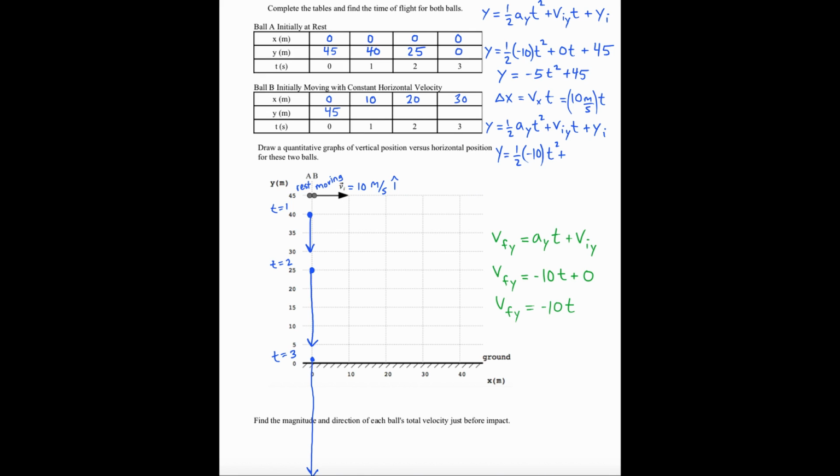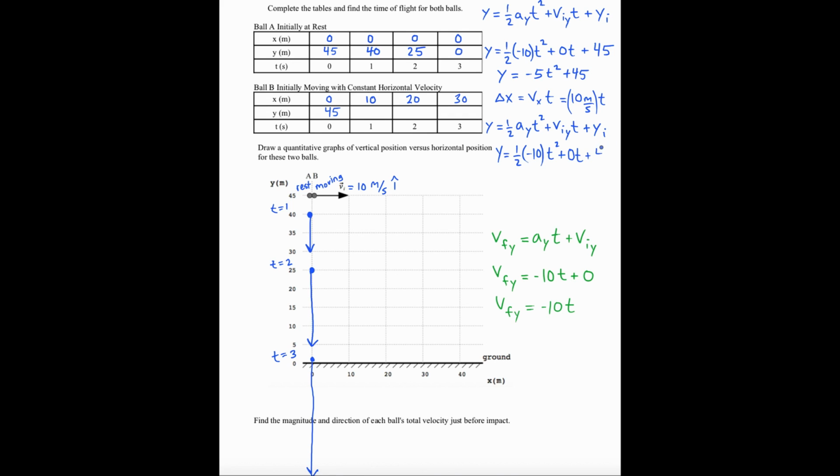It's not in the y dimension, so it has no impact on formulas that are about the y dimension. The ball is neither moving up nor down at the start as it rolls off that table. And for that reason, we have to put a 0 here. It's one of the most common mistakes.